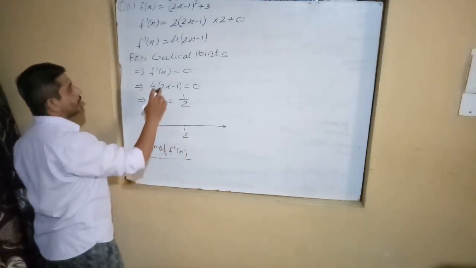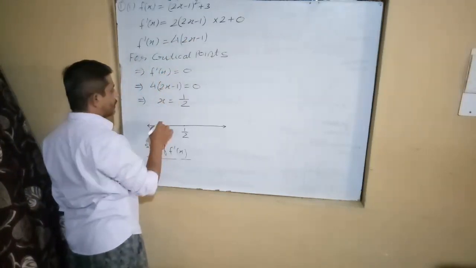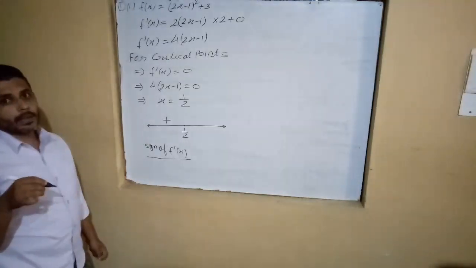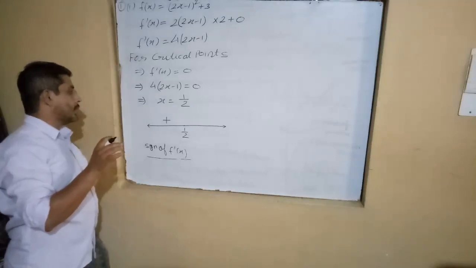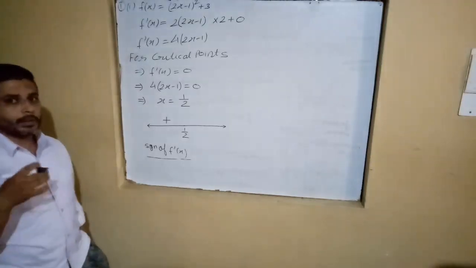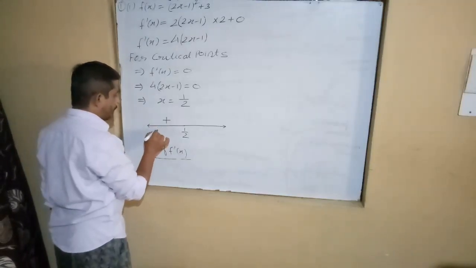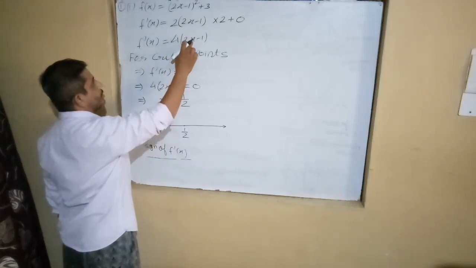When we put 0 in f'(x), we need to see whether the value is in positive form or negative form. The actual value has no meaning here.